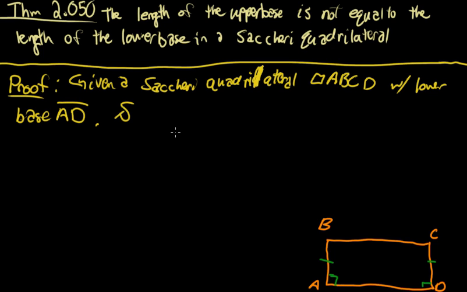First we'll say, suppose BC is congruent to AD. We'll do that little part in purple. So BC is congruent to AD.